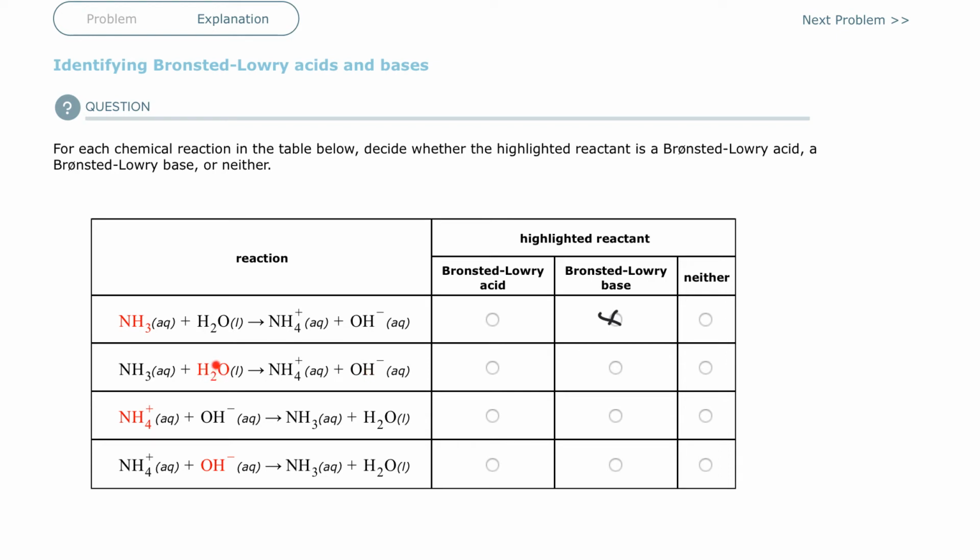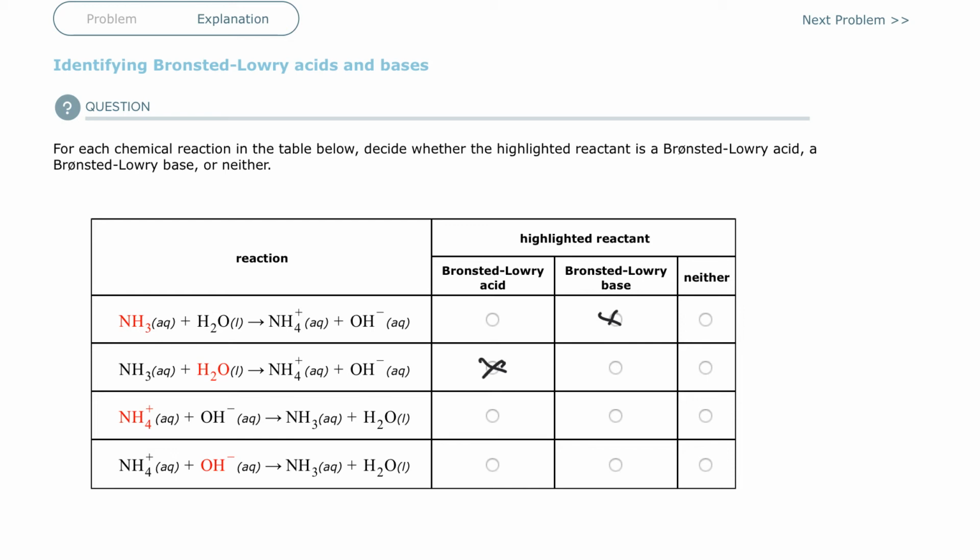The water has lost an H+ cation, leaving the conjugate base hydroxide. So here it's acting as a Bronsted-Lowry acid because it's the donor of the proton that is accepted by the ammonia.